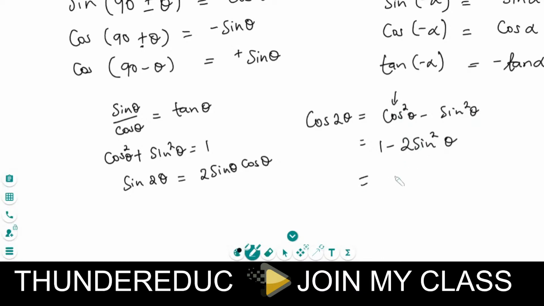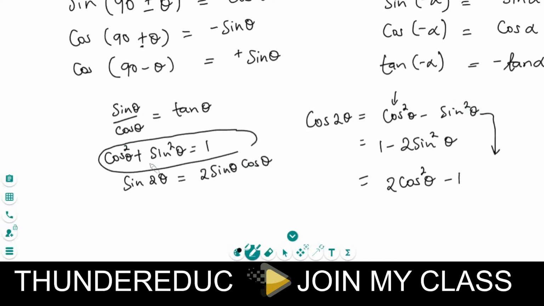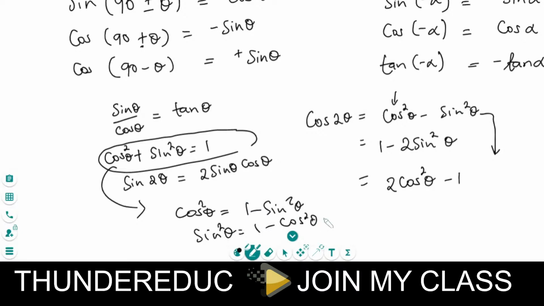And then we're saying this can also be expressed as 2 cos squared theta minus 1. That is if we change this sine squared into a cos just from this formula. Because we know that from here, the cos squared theta is going to be 1 minus sine squared theta. And then the sine squared theta is the same as 1 minus cos squared theta.